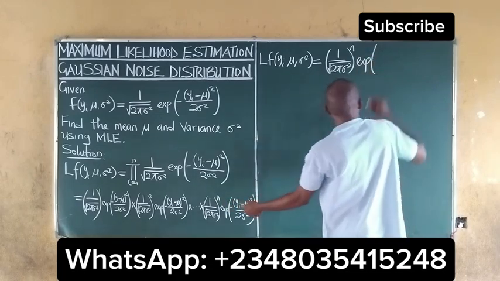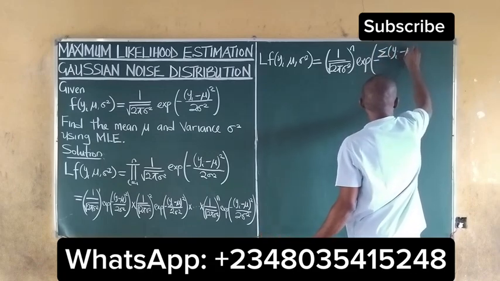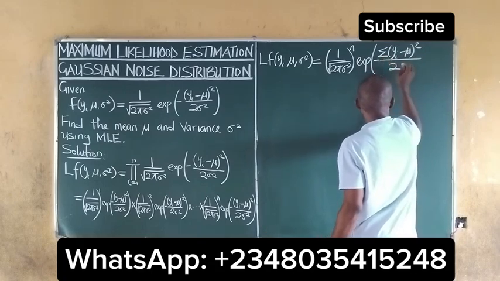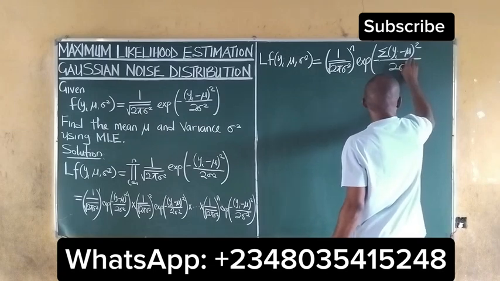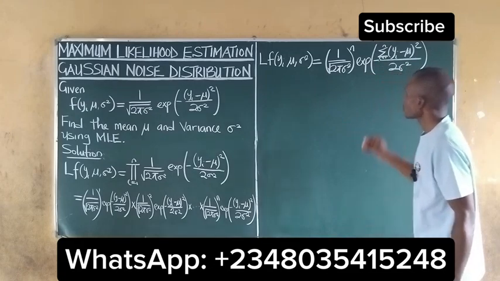Because we are taking the product, this becomes negative summation of (yi minus mu) raised to the power of 2 all over 2 sigma squared. So this is what we get.